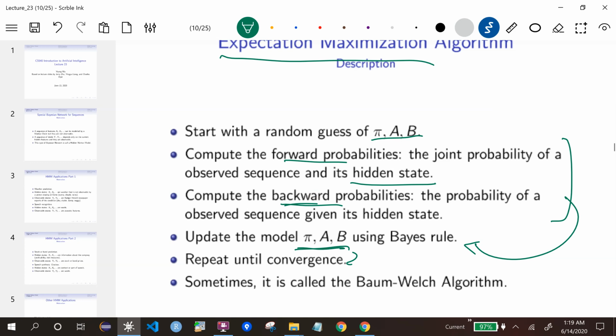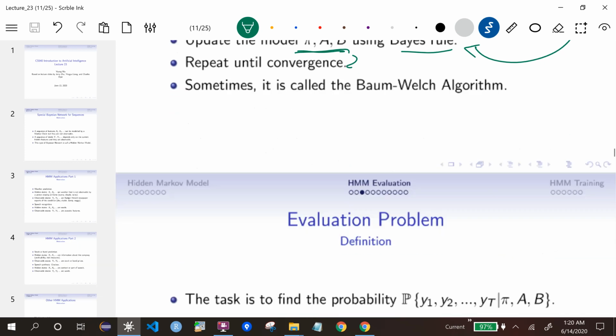So the general framework is kind of the same, but these two steps are computationally intensive, and using Bayes rule afterwards is just like the regular maximum likelihood thing. Again, I'll talk about the details in the third part.